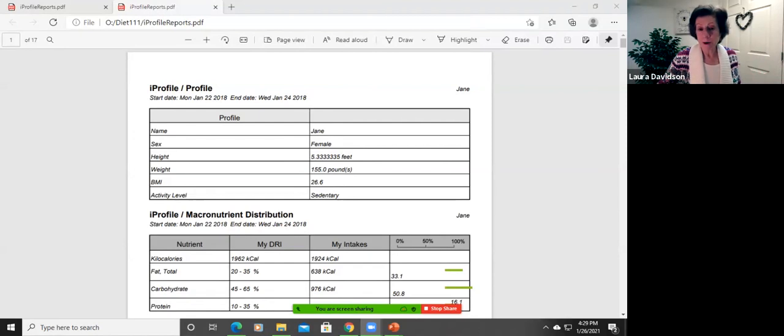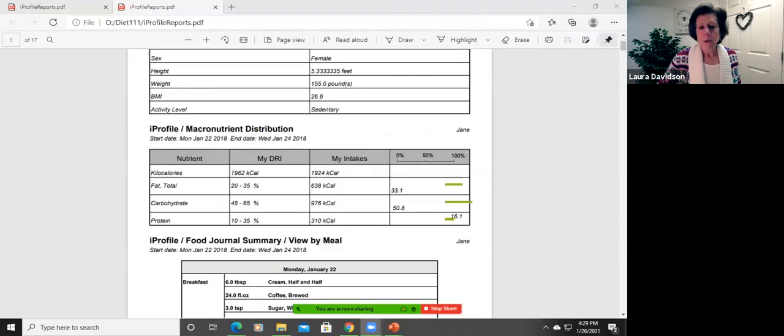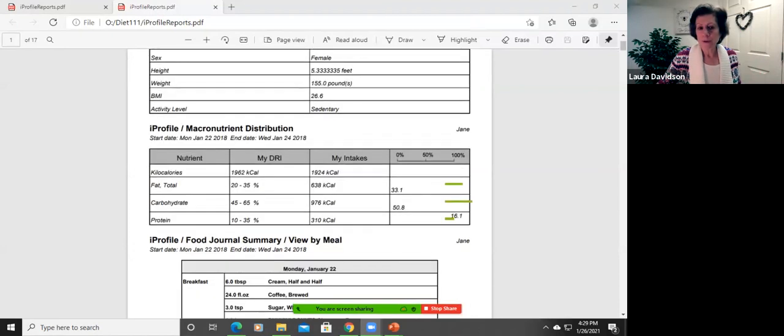You begin this project by plugging in your information, so that's up top. Next unit, we're going to talk about the AMDR a little bit more, although it was introduced in this unit. The AMDR is the recommendations for what percentage of your calories should come from carb, fat, and protein. And that's what this report shows you.